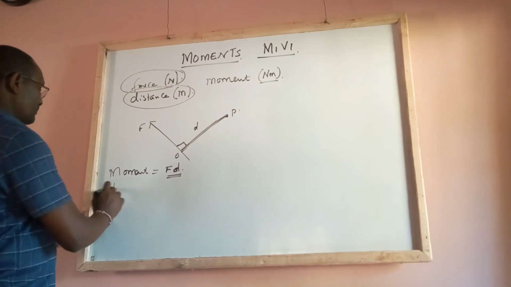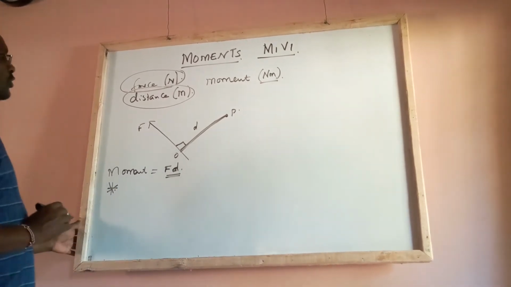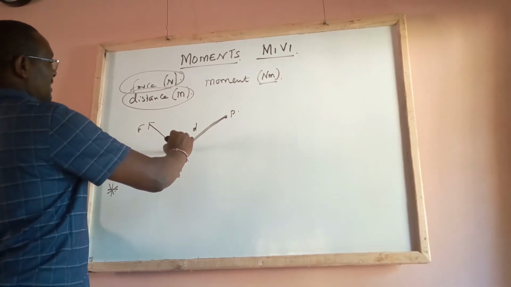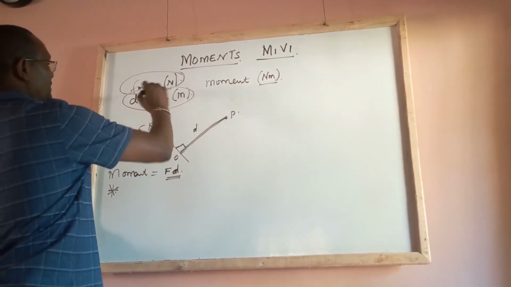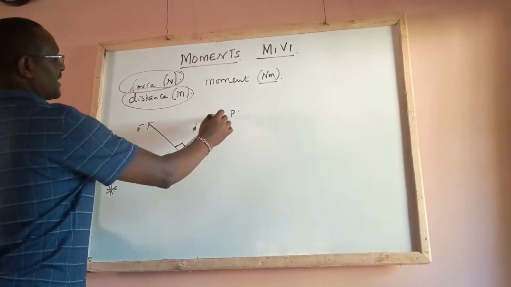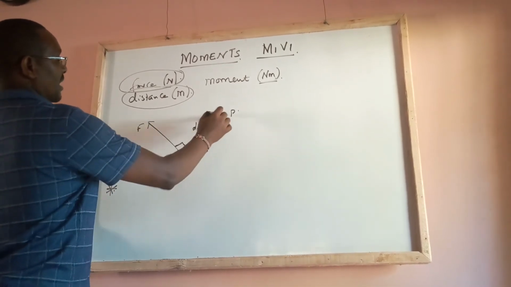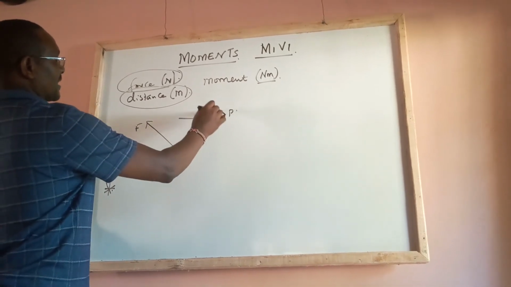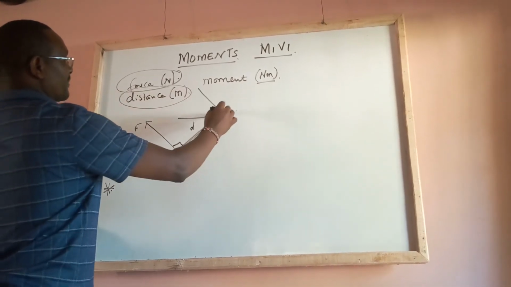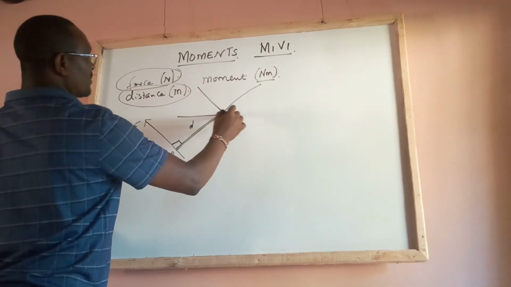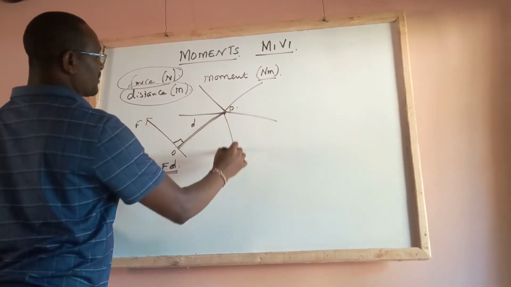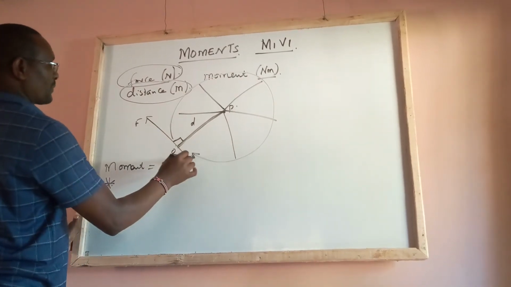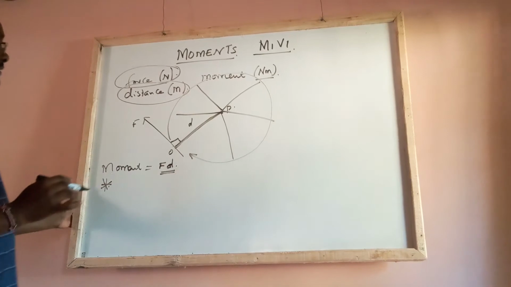But we know what this means: if we keep rotating along the line of this force, this radius won't change. At one point it is there, at another point the radius will be there, and so on, until it forms a circle. And that is the direction of the circle.